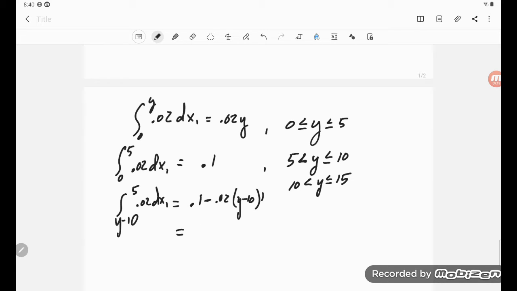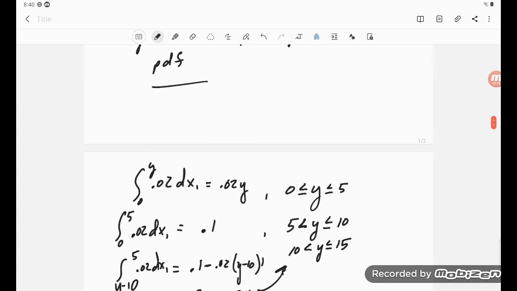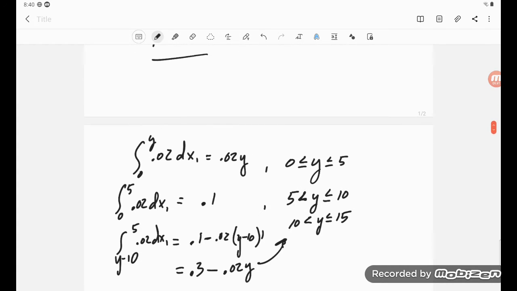And so 0.02 times 10 is 0.2, so that's a 0.3, because I've got a minus and a minus, and then minus 0.02y, and that goes with that one. Okay, so that was if we used x1.